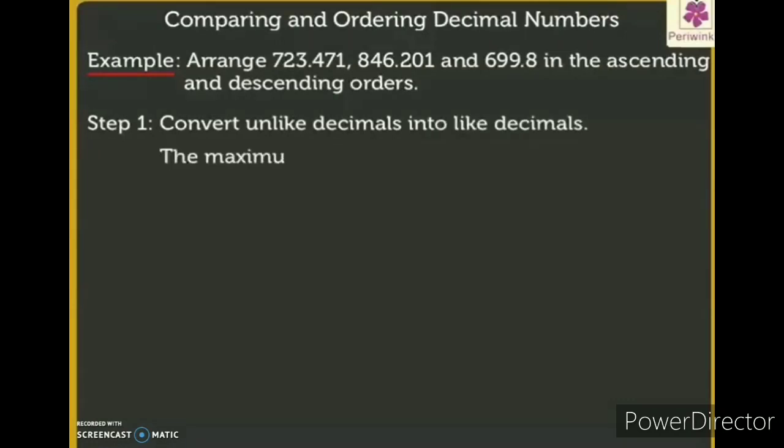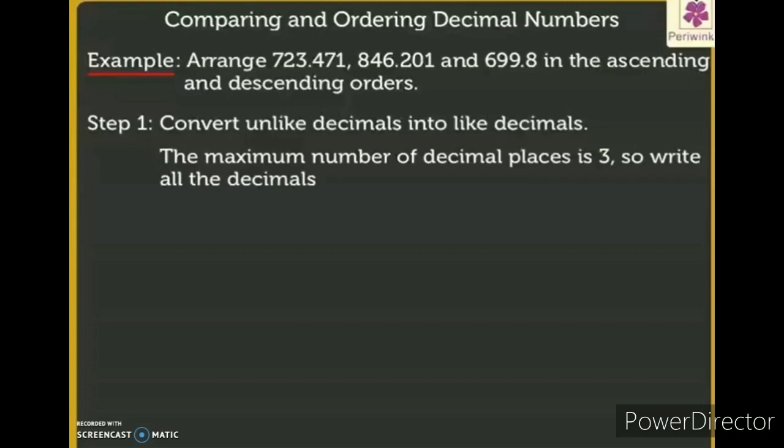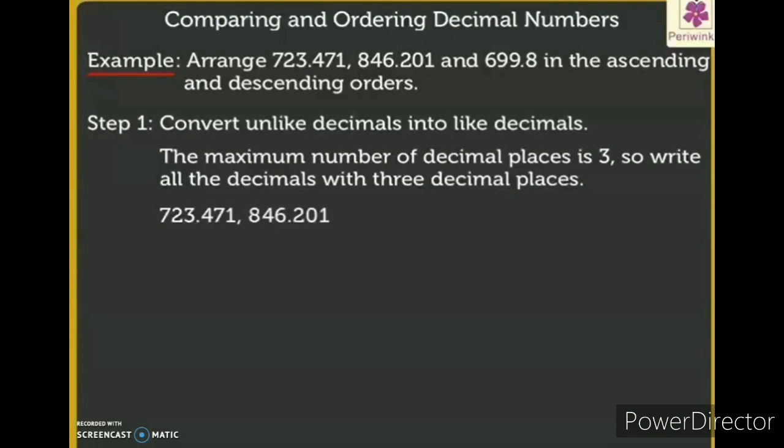The maximum number of decimal places is 3, children, so we will write all the decimals with 3 decimal places. 723.471 and 846.201 will remain as they are, and 699.8 we will convert to 699.800.